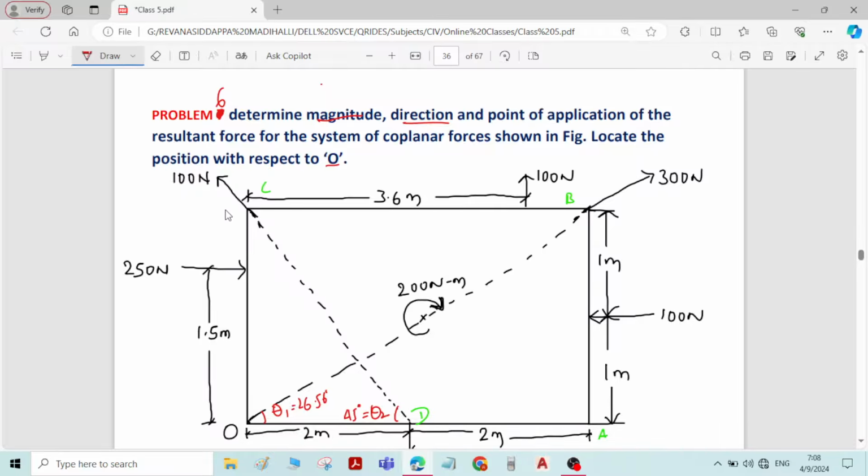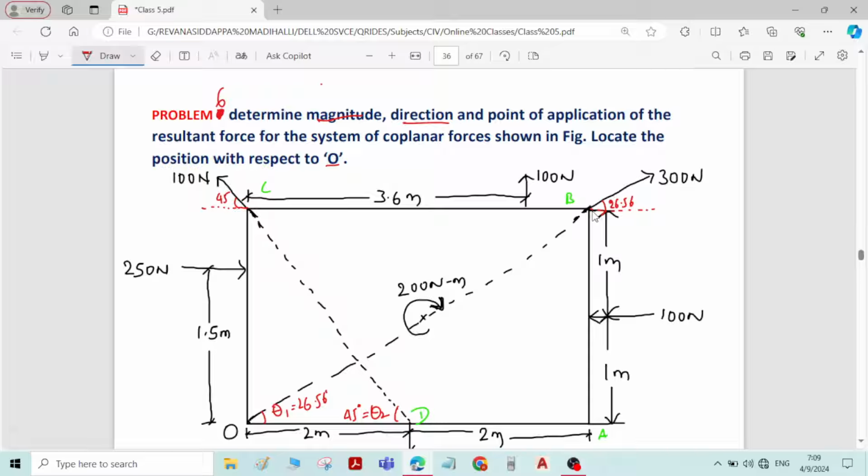Here we will have the same horizontal angles, 26.56 and 45.